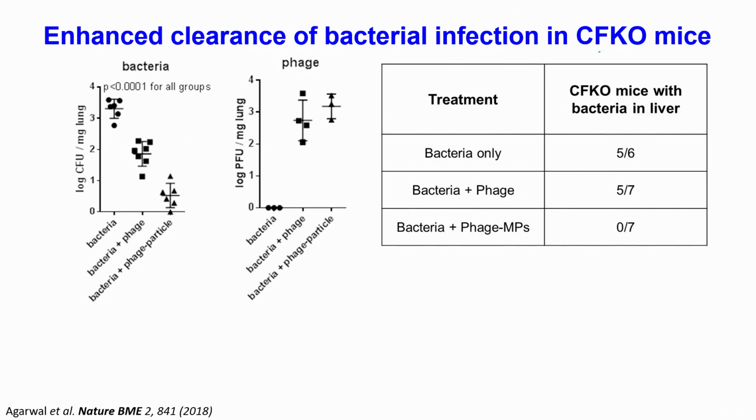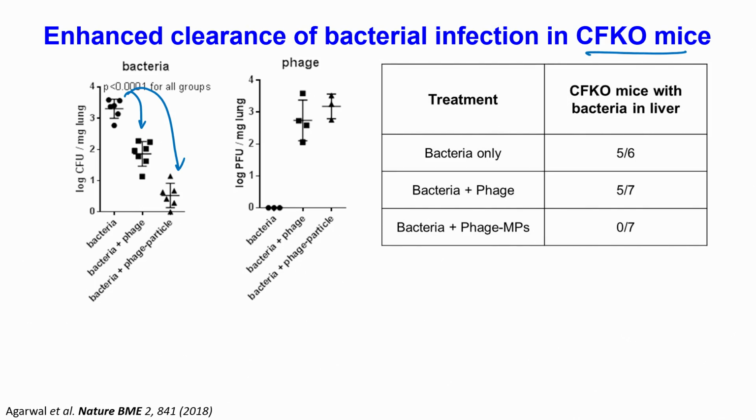Then they use CFTR mice, which is a mouse that is mutated and mimics cystic fibrosis, and here also they are able to show, in fact at a much better rate, that if you use only phages there is some effect, but if you use phages plus bacteria you almost eradicate all the bacteria that is present in the system. And here they are also showing whether the bacteria is spreading or not.